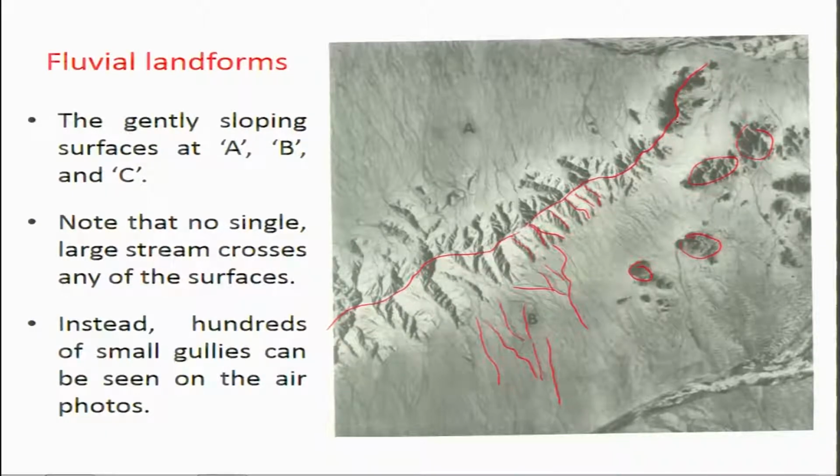And this ridge, which is continuous on this photograph from this point to this point, has a steep slope on both sides, but these regions A and B represent a gentler slope. So this area is gentler and this is steep.